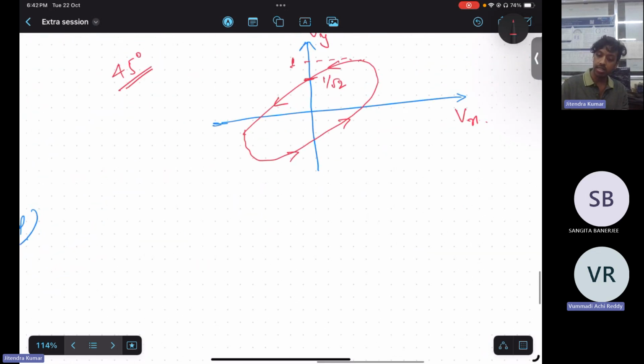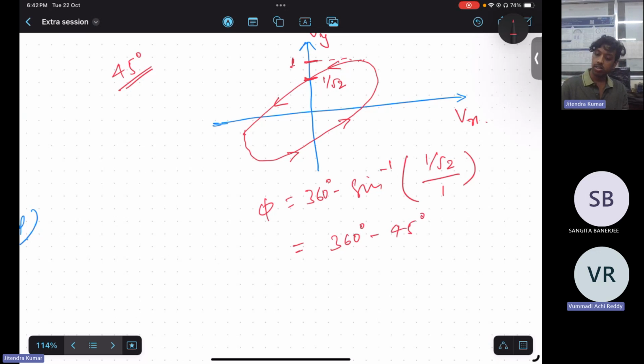So that angle is correct. That is sine inverse of 1 by root 2 divided by 1, this magnitude divided by this magnitude. But that will be 360 minus that, right? So 360 degrees minus 45 degrees, so it will be 315 degrees. Great.